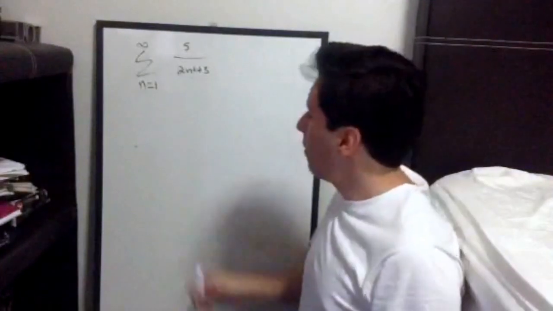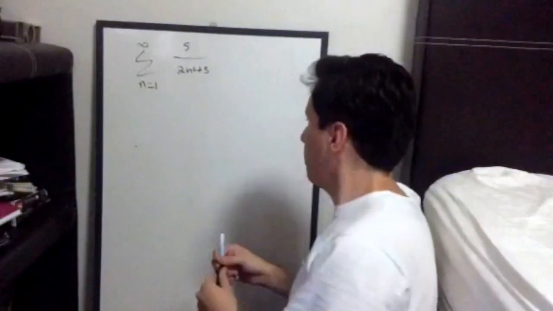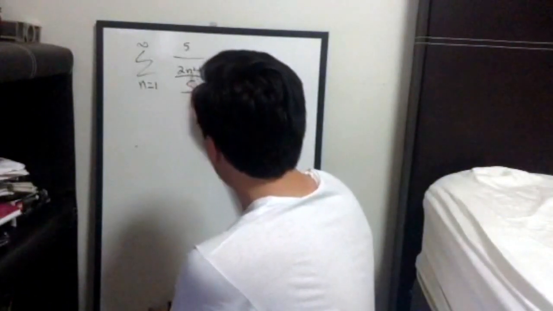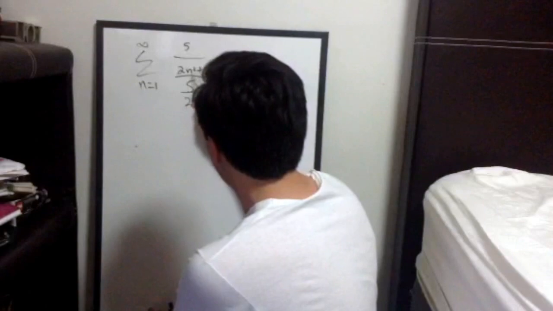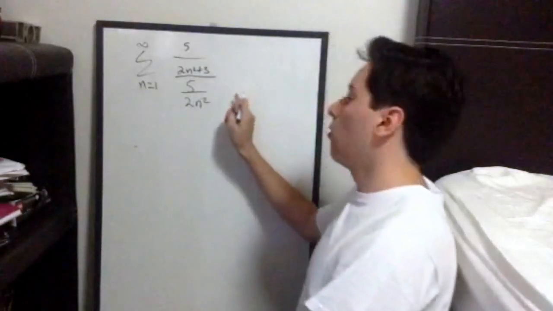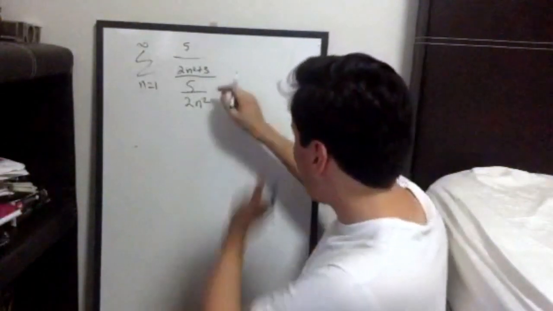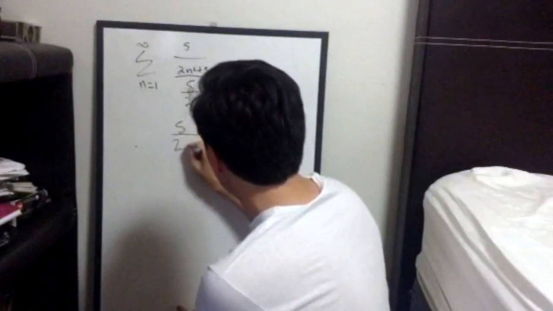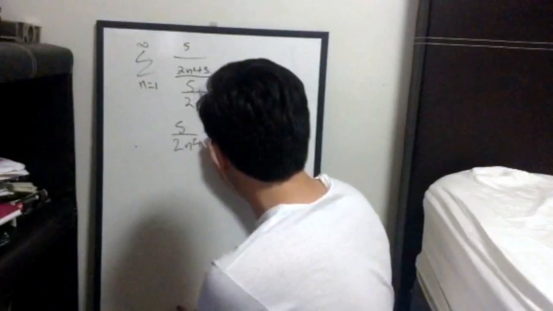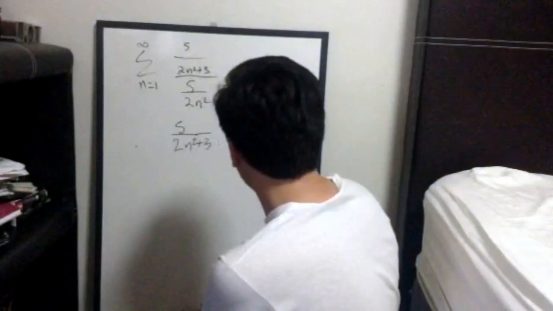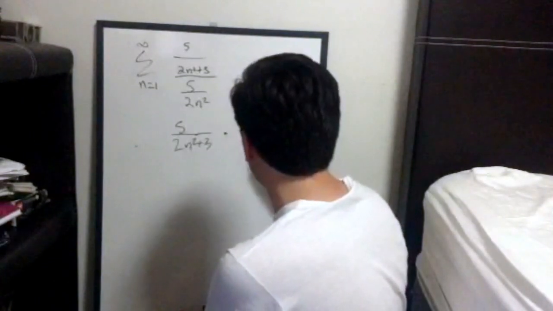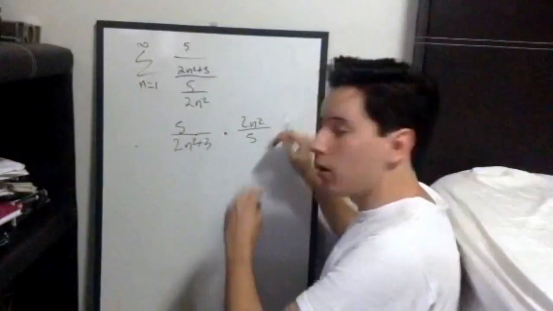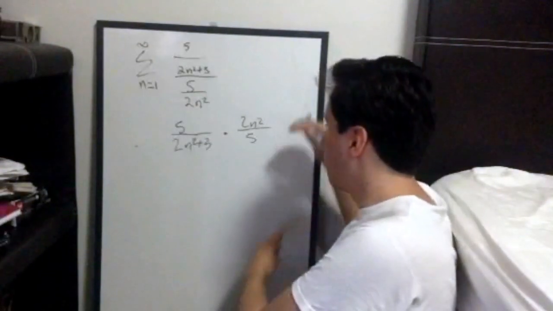Now we're going to follow the statement of the limit comparison test and take our original series and divide it by the series we want to compare it to, which will be 5 over 2n squared. Now we can flip this and multiply it, so it will be like this. The purpose of this is to have the same power in the denominator and in the numerator.